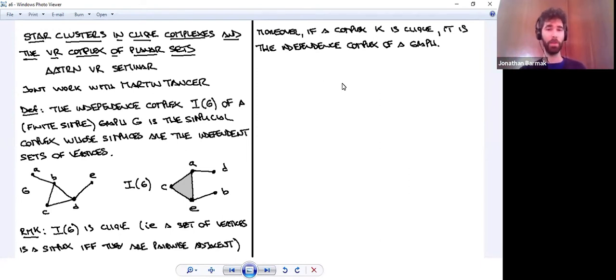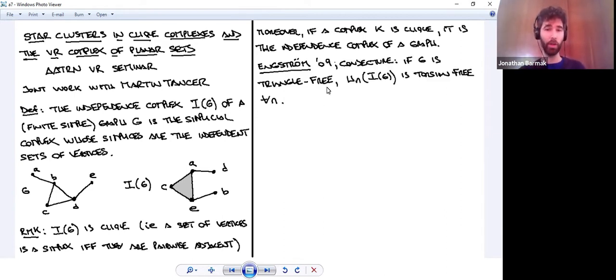There are many papers in the literature in which some homotopy properties of independence complexes are studied for some classes of graphs, say cycles, forests, paths, whatever. The idea is that we want to understand homotopy in terms of combinatorial properties of the graphs and vice versa. In particular, triangle-free graphs have received some attention.